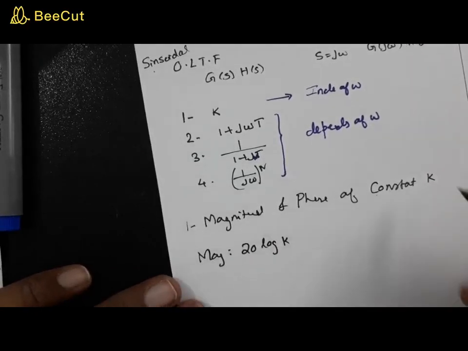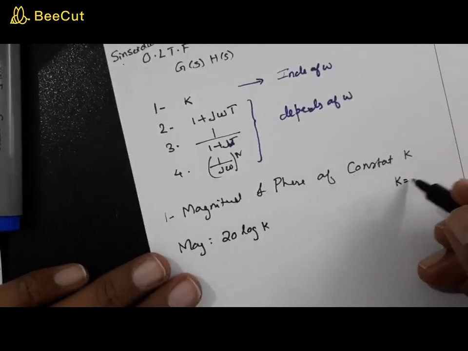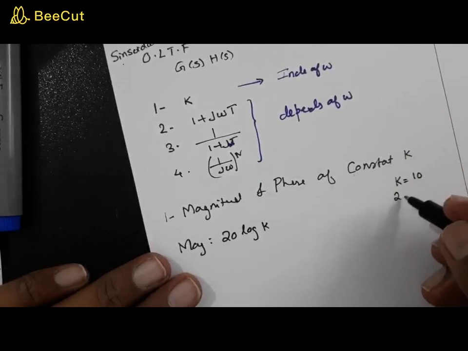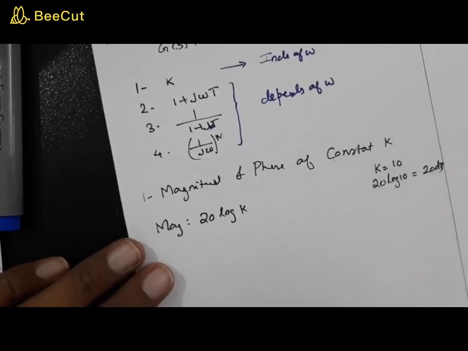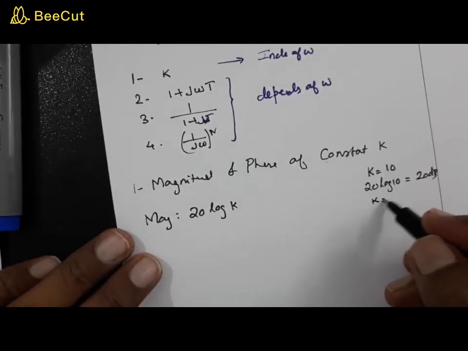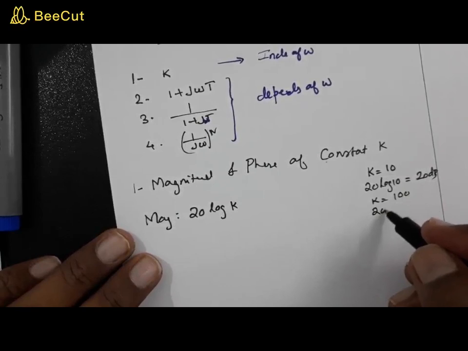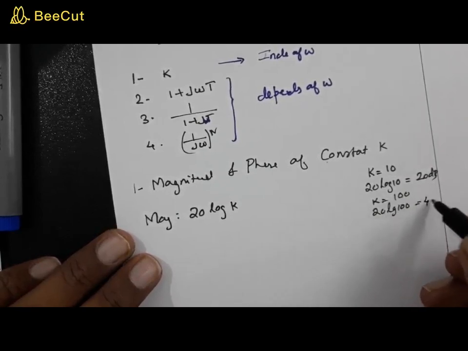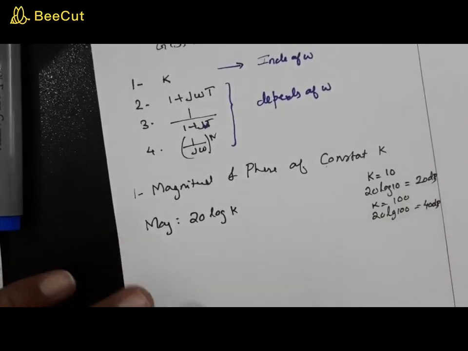For example, if I put k equal to 10, the magnitude is 20 log 10, which is equal to 20 decibels. Now, if k is equal to 100, then this will be 20 log 100, which is 20 times 2, that is 40 decibels.